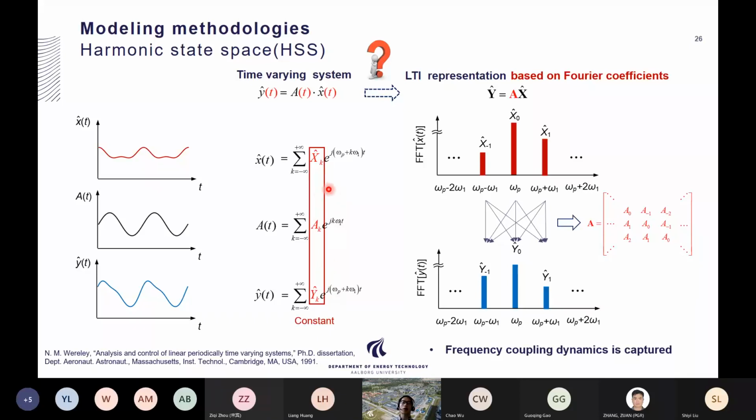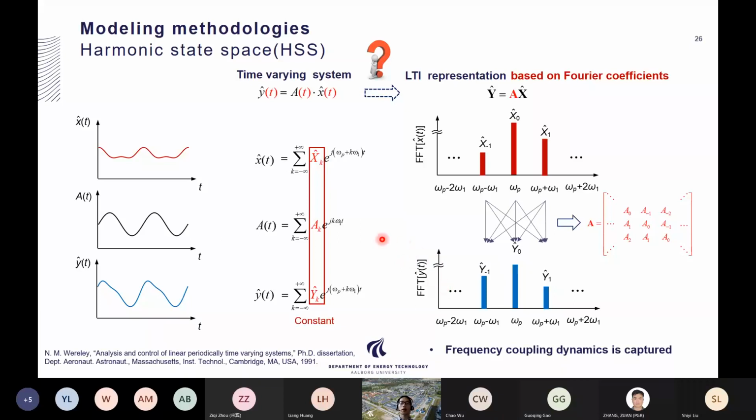But you know that Fourier coefficients, although they are constant, actually already represent the full information of the original system. So by doing this, we can get the linear time invariant representation, but that ends up with a huge matrix whose elements are the Fourier coefficients of the system.